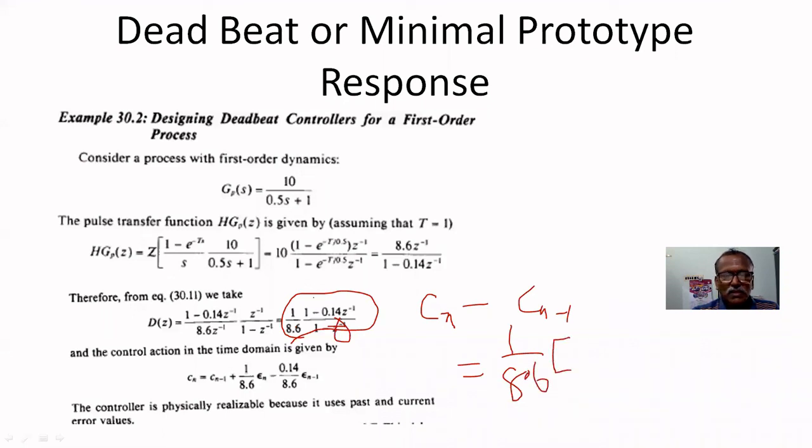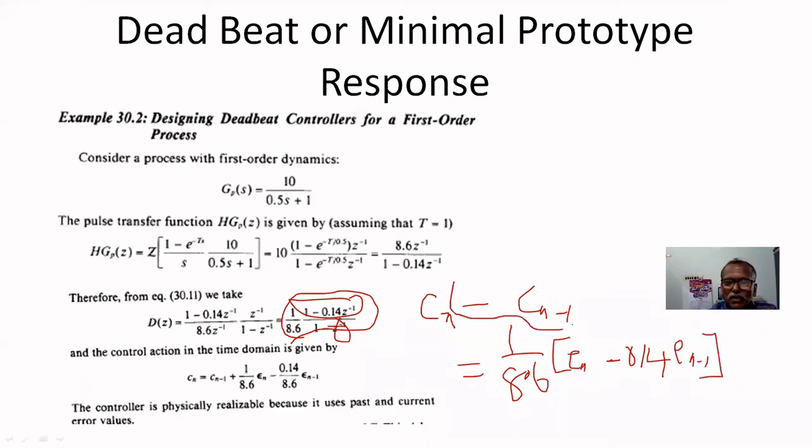And if you multiply E of z and bring it here as E of n, for this one minus 0.14 z power minus 1 E of n minus 1, the previous error. That's all. This is the controller output.